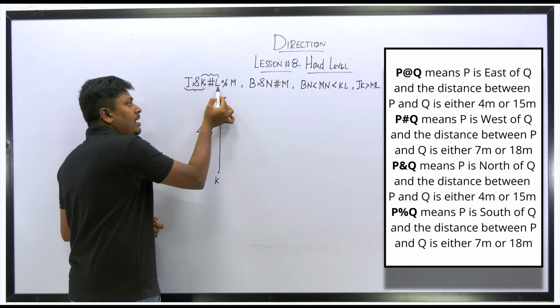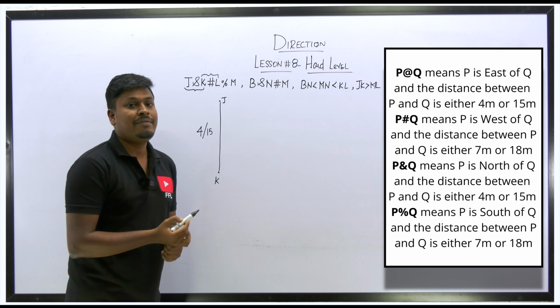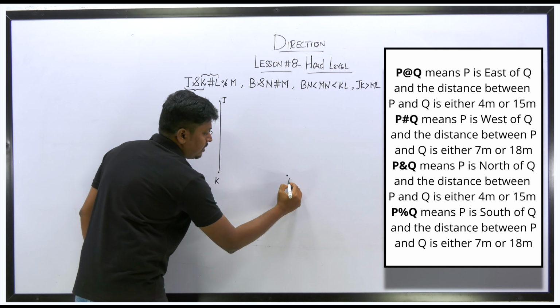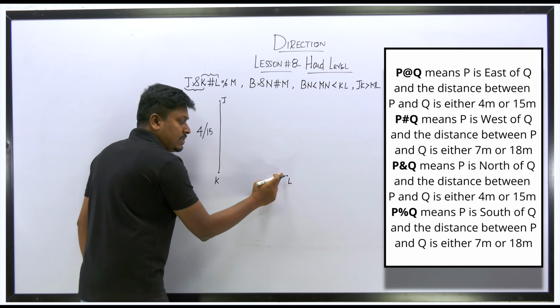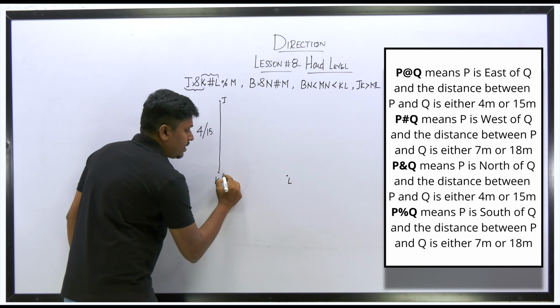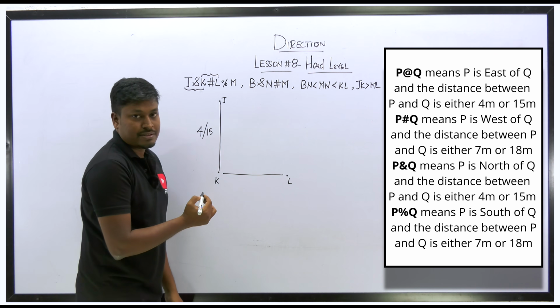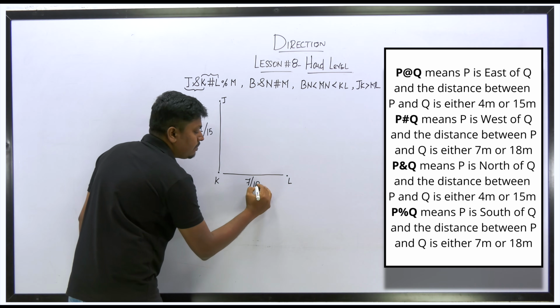So now L western side should be K at the distance of 7 meter or 18 meter. So I can place L here. Only then we can say L north, south, west and east. So now L western side is K, but the distance is not exactly fixed because it's an either-or option. So it can be 7 meter or it can be 18 meter.